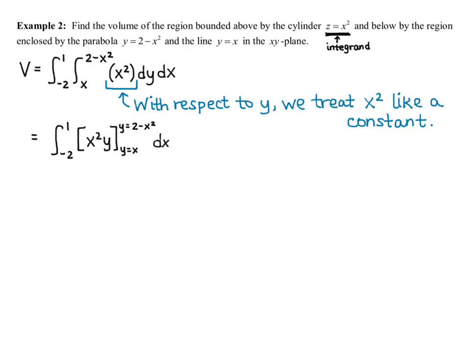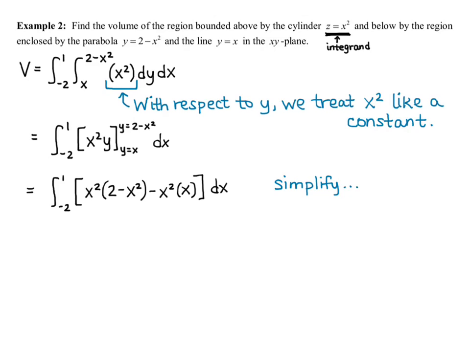Using f of b minus f of a, the new integrand is x squared times the quantity 2 minus x squared minus x squared times x. We want to simplify before integrating with respect to x.